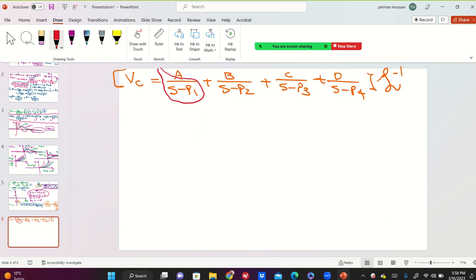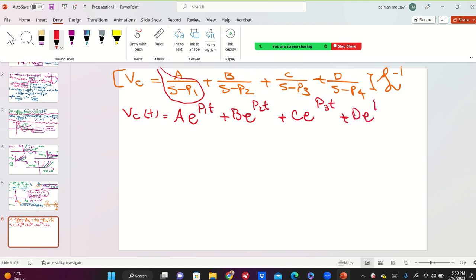We just did it a million times. Exponential, that's right. So you're going to have VC of t be A e^(P1 t) plus B e^(P2 t) plus C e^(P3 t) plus D e^(P4 t).